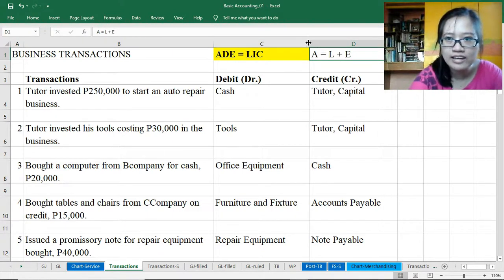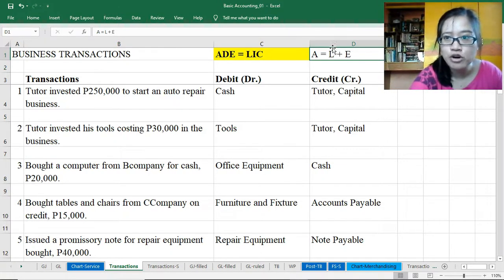Can you think of accounts under the assets? Okay? So, di ba we have cash, accounts receivable, supplies, inventory, and then mga non-current assets natin, land, building, furniture and fixtures, office equipment, delivery equipment or vehicles, and those ones.